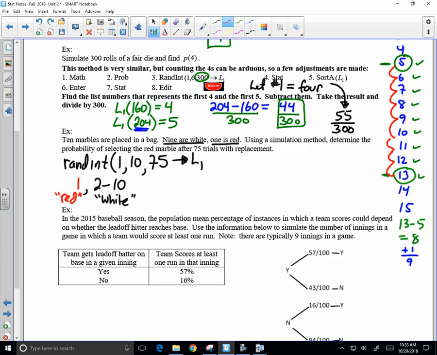You could let red be the number 4, but that doesn't serve a meaningful purpose because then it puts us back in a situation here. If you have a singleton value, let it be either the smallest number in the set or the largest, because when we sort the information out, it's going to be easier to pick out the total if it's the lowest value or the highest value.